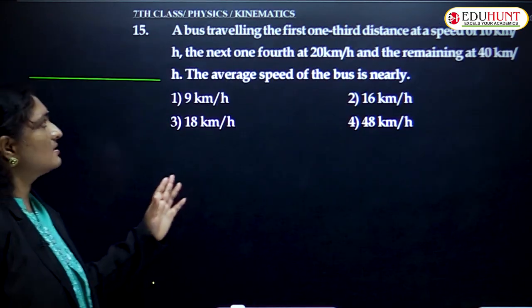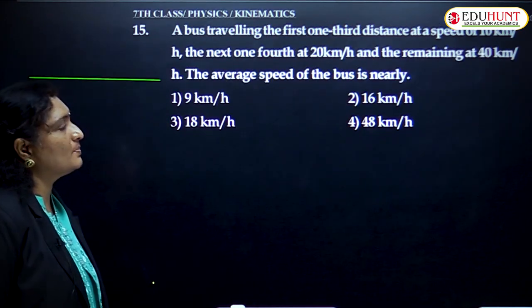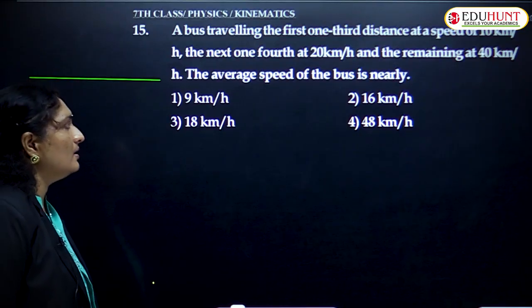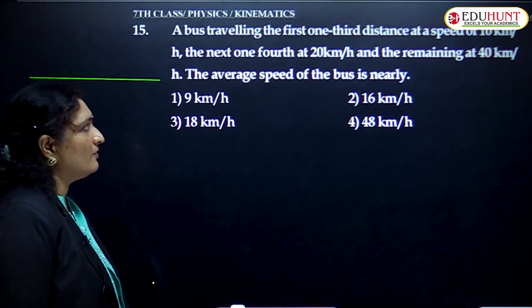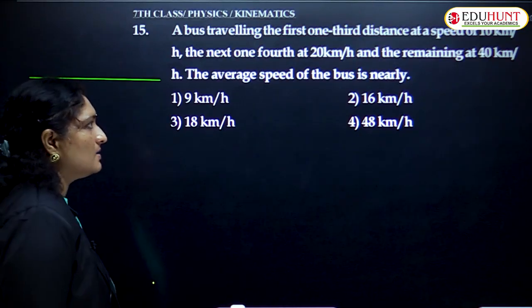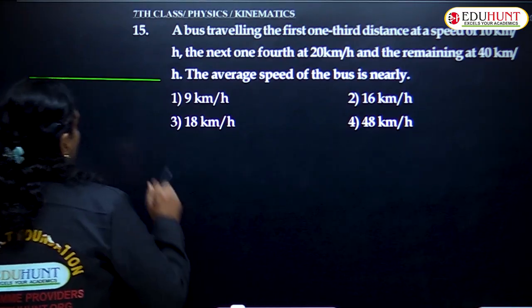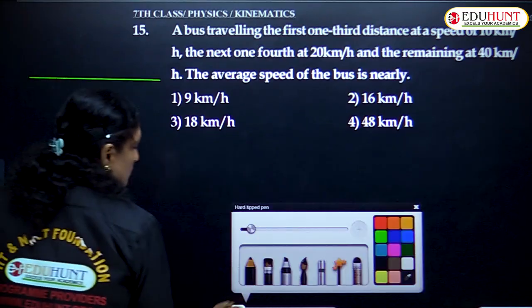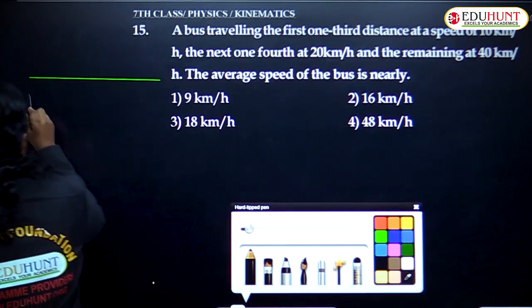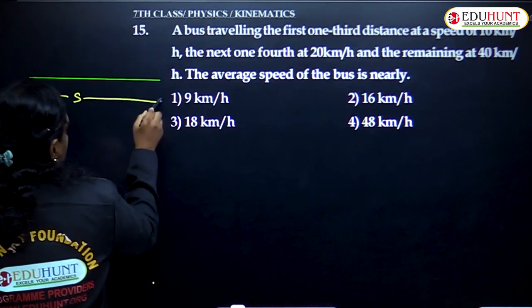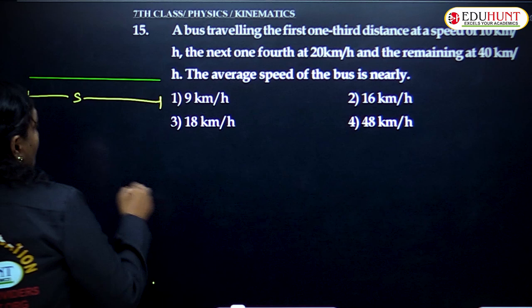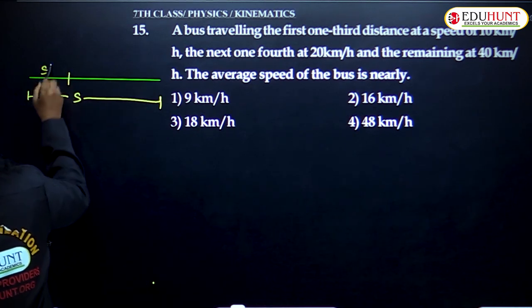A bus travels the first 1/3 distance at a speed of 10 km per hour and the next 1/4 at a speed of 20 km per hour and the remaining at 40 kilometers per hour. Okay. So here, if you consider the total distance to be S, the first 1/3 means S by 3.